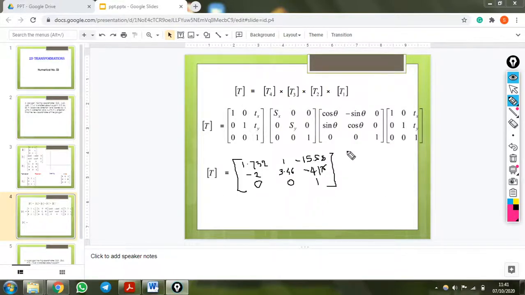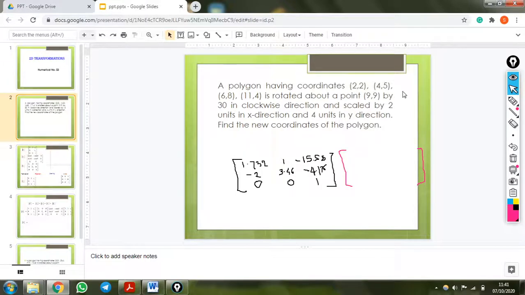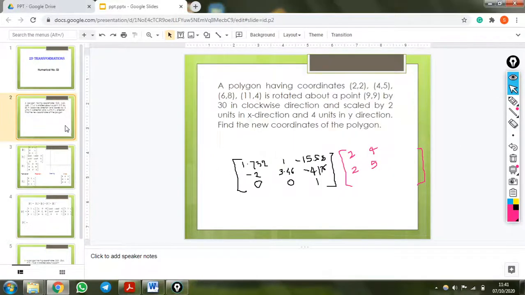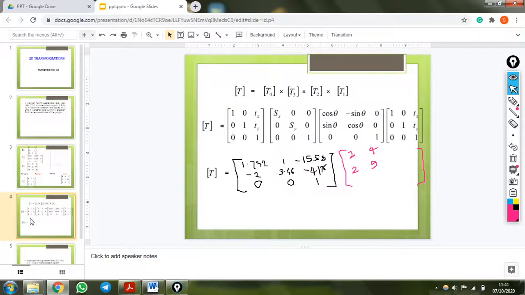We'll multiply this with the vertices of that polygon. You can do it in a single stage also. The vertices of that polygon are 2, 2, 4, 5. Just remember those things. Note down in this sequence only, x, y: 2, 2, 4, 5, then 6, 8, 11, 4.